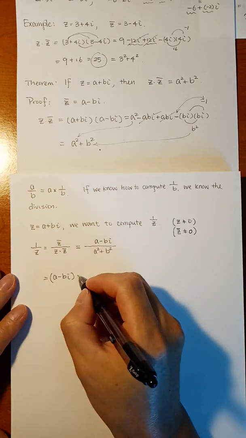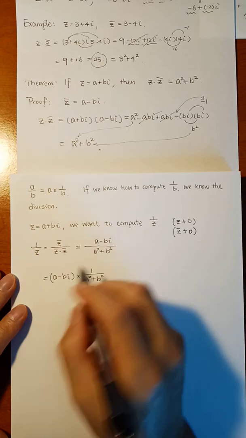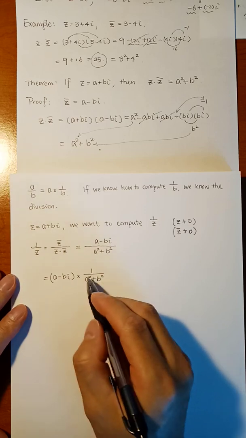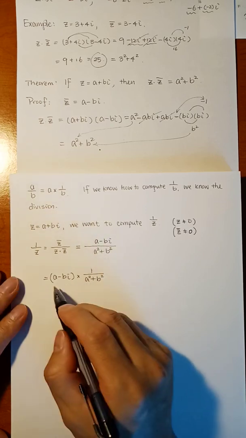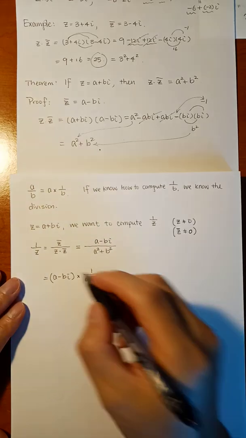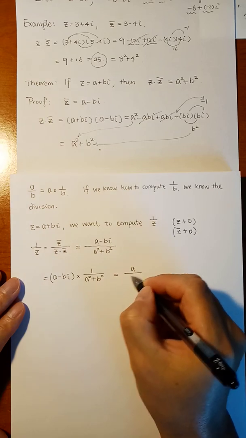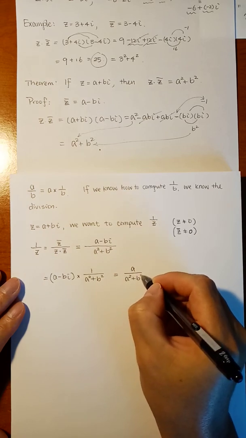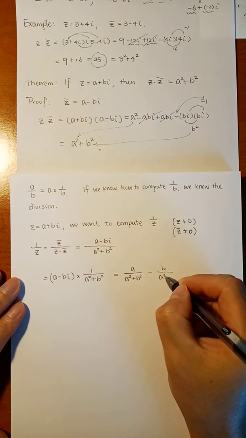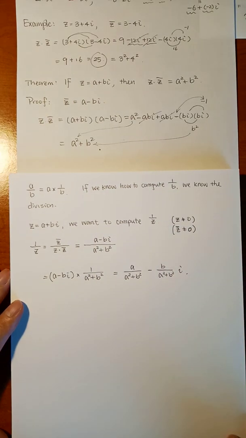What does it mean? It means a complex number times a real number. 1 over a squared plus b squared is a real number. This is a multiplication, and we know how to do this multiplication. So it's just the first term, a over a squared plus b squared, minus b times 1 over a squared plus b squared, which is b over a squared plus b squared, times i.